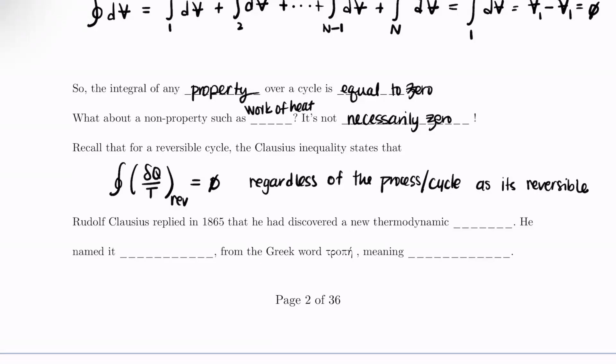So this means if this integral is 0, then this must be a property, right?